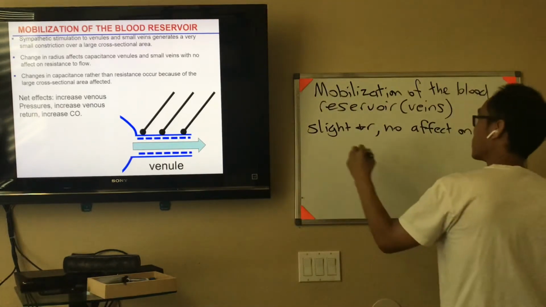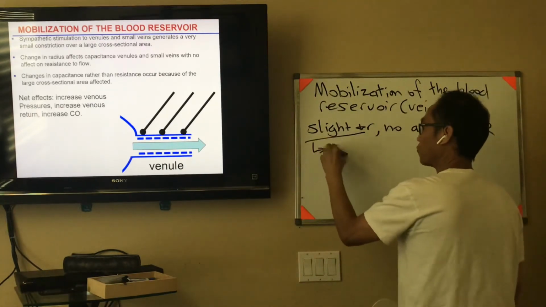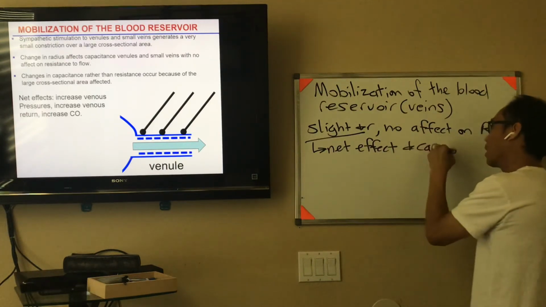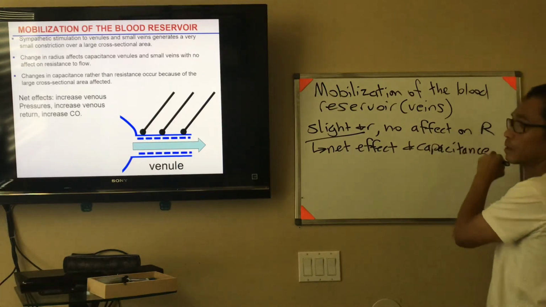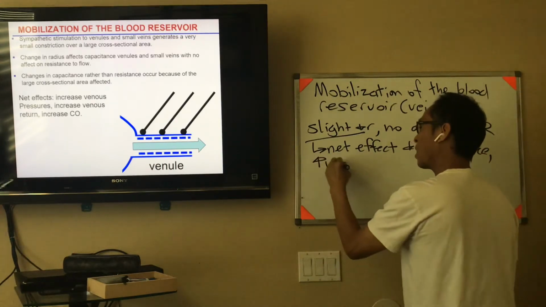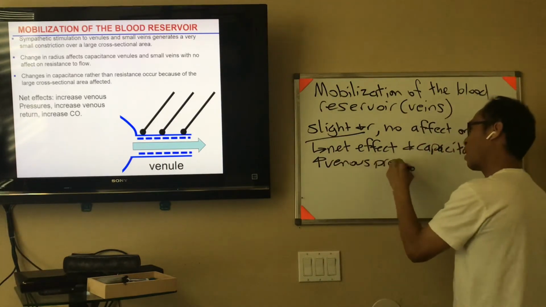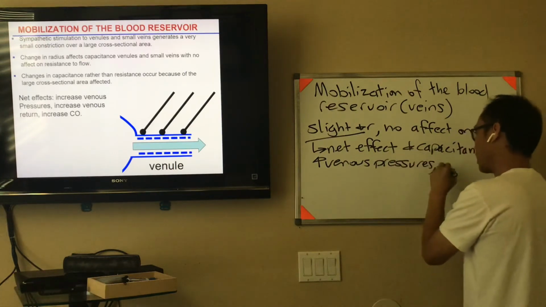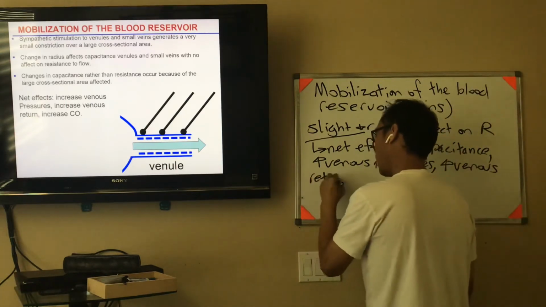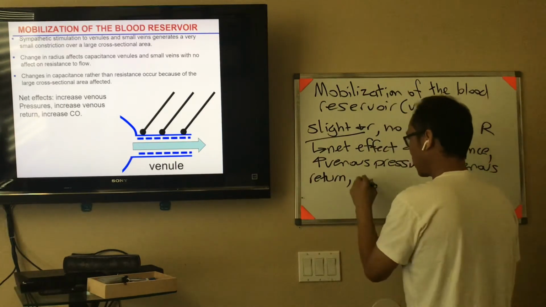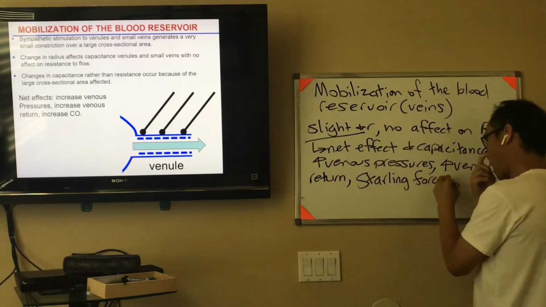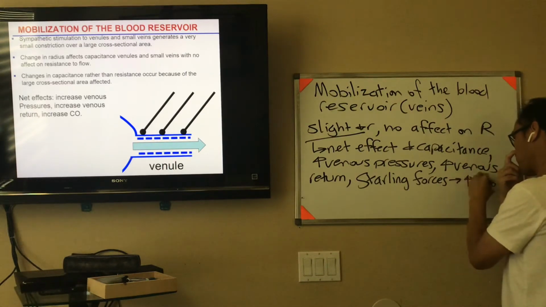So really what you're doing is this effect, the effect is to decrease capacitance, increase venous pressures, which will help increase venous return, and due to Starling forces more in, more out of the heart, increase cardiac output.